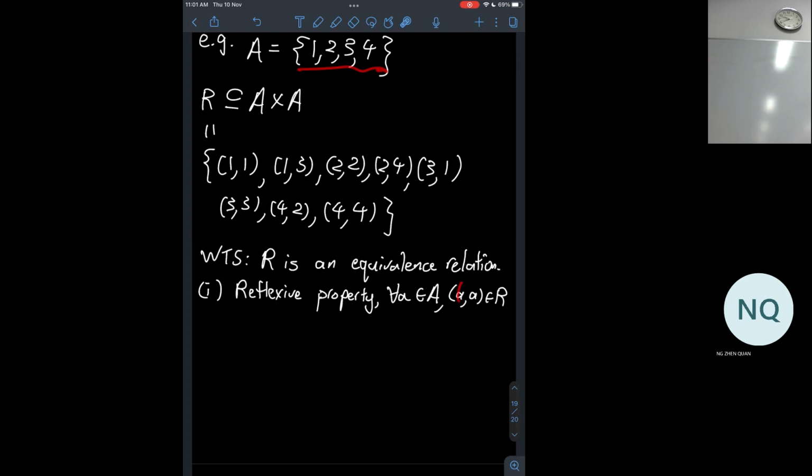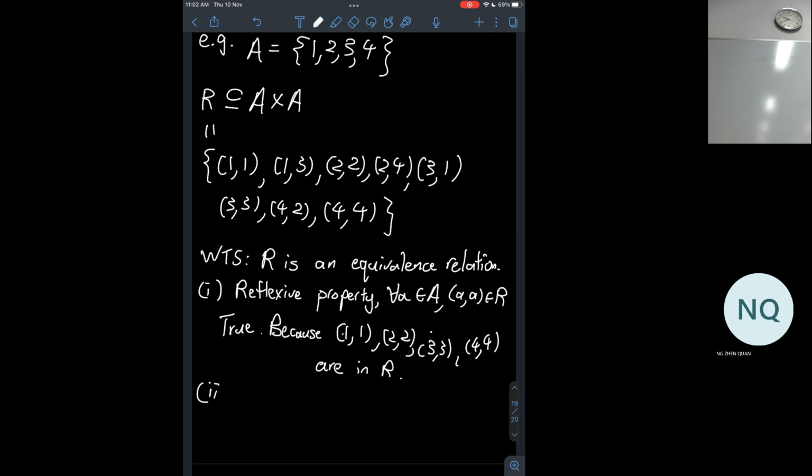So you ask: is (1,1) in R or not, (2,2) in R or not, (3,3) in R or not, (4,4) in R or not? Yes. So (1,1), (2,2), (3,3), and (4,4). True. So here I will say true because (1,1), (2,2), (3,3), (4,4) are all there.